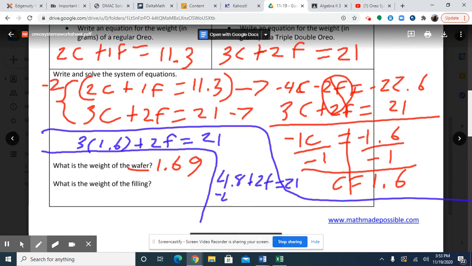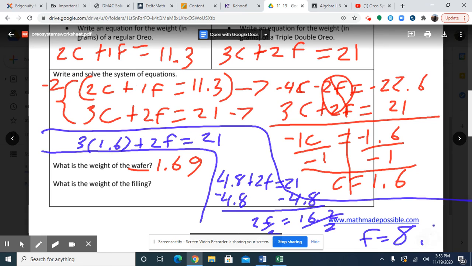We subtract 4.8 from both sides. So 2F is equal to 21 minus 4.8, which is 16.2. We divide both sides by 2, so F will be equal to 8.1. So the weight of the filling is 8.1 grams.